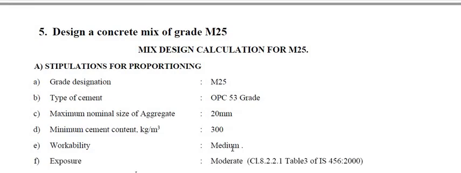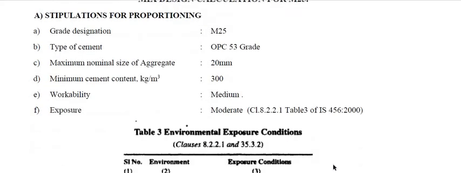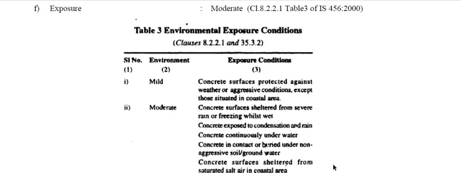Then exposure condition, it is one of the important parameters to design a concrete mix, because the mix will be exposed to various environmental conditions, which are given in Clause 8.2.2.1 and Table 3 of the IS 456 code. I have taken the table from the code. Mild exposure means concrete surfaces protected against weather or aggressive conditions, except those situated in the coastal area.